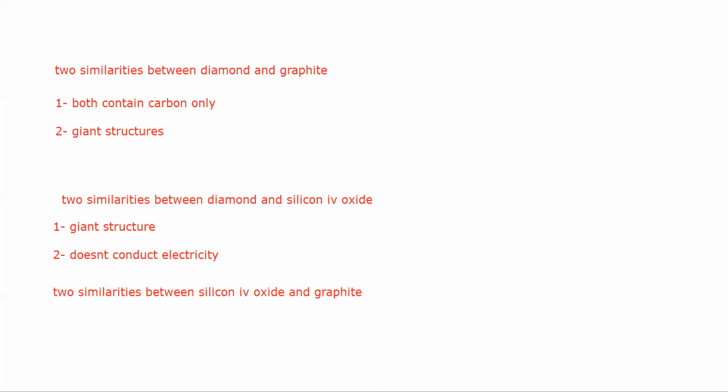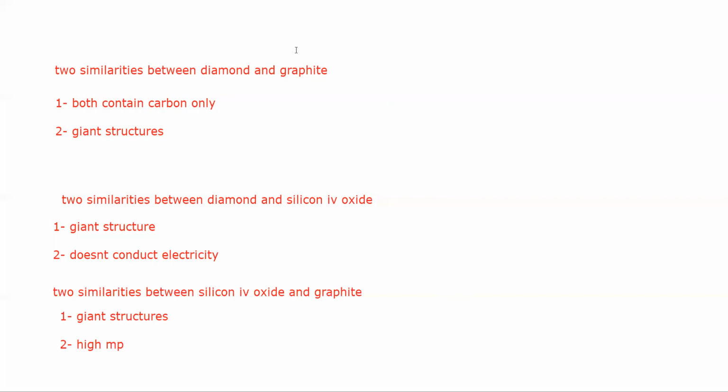Both of them have high melting points and both of them are insoluble in water. Yeah. Or both of them have giant structures. These are the similarities between the two.